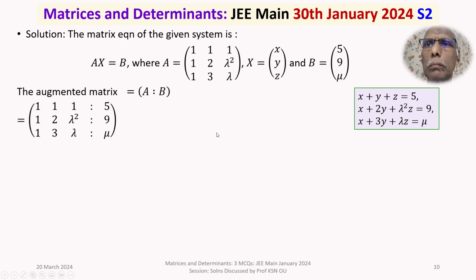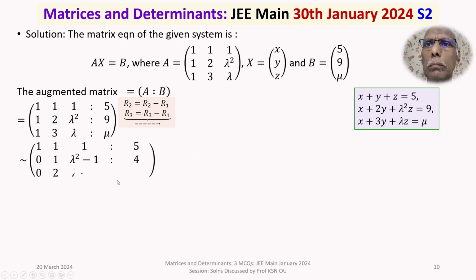On this, make it into echelon form. Echelon form means you have to make these elements 0. To do that, R2 is equal to R2 minus R1, R3 is equal to R3 minus R1. Make these elementary row operations to bring it into an echelon form.